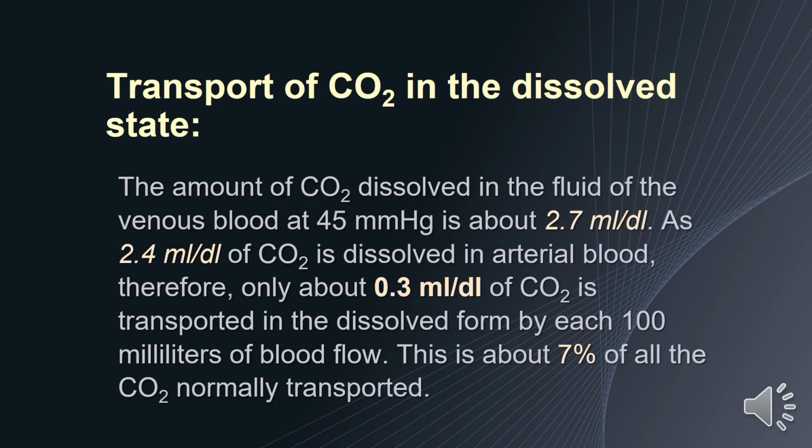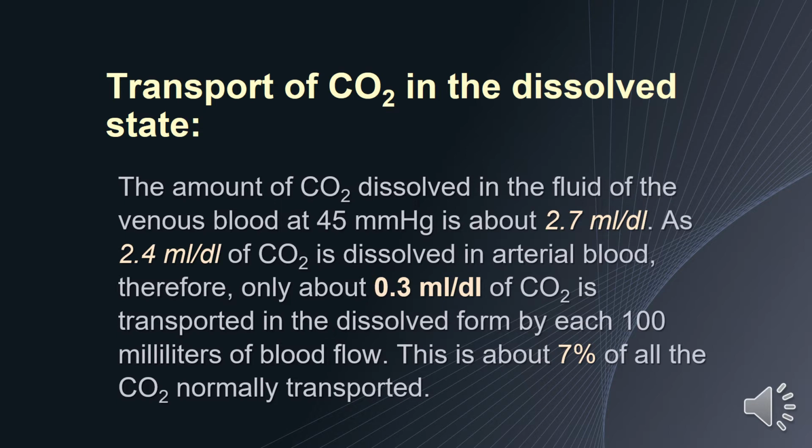As 2.4 ml per deciliter of carbon dioxide is dissolved in the arterial blood, this means that the arterial blood carries carbon dioxide in the dissolved state, and the venous blood carries carbon dioxide in the dissolved state. But the concentration in the venous blood is higher than that in the arterial blood. The difference between these two concentrations is only 0.3 ml per deciliter of carbon dioxide.